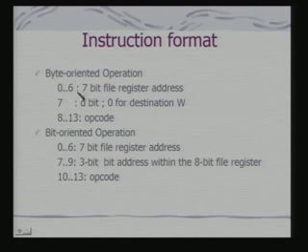The 7th bit is a destination bit, which is 0 when we are using the working register W as the destination. Otherwise, it is set to 1 when the register that you have specified in bits 0 to 6 is the destination itself. Bits 8 to 13 store the opcode, that is the binary code for the specific operation.